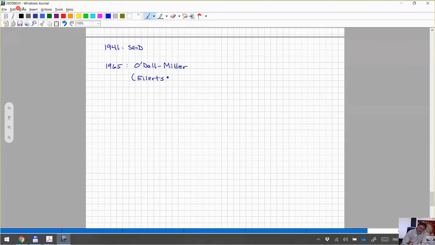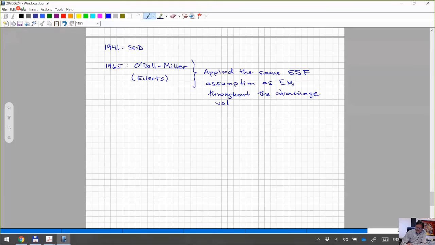They had a paper, but both these papers, what they did is that they applied the same steady state flow assumption as Evinger and Muskat did throughout the reservoir, throughout the drainage volume, for gas condensates.